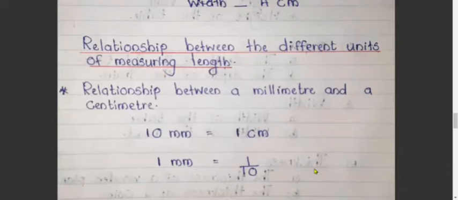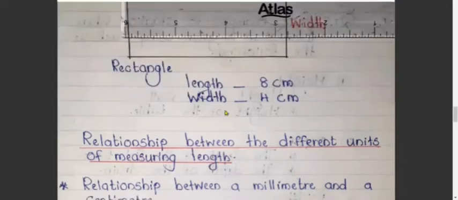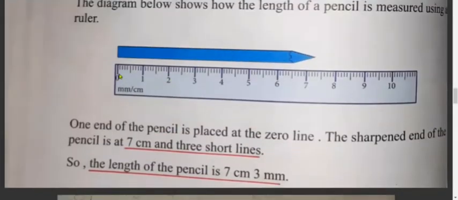Relationship between the different units of measuring length. 10 millimeters equals 1 centimeter. 1 centimeter has 10 millimeters.